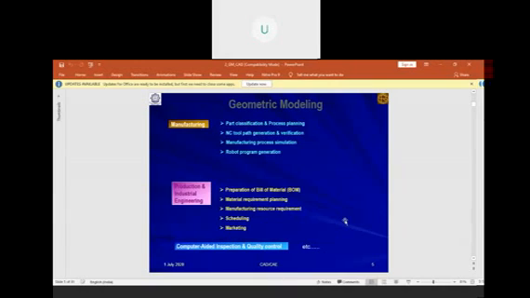Geometric model is also used in manufacturing. As you know, there are different manufacturing processes, either CNC or robotic applications, where your product geometry must be known. Another interesting area where the machine will not work without a geometric model is 3D manufacturing or 3D printing.